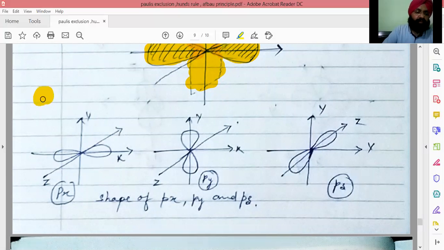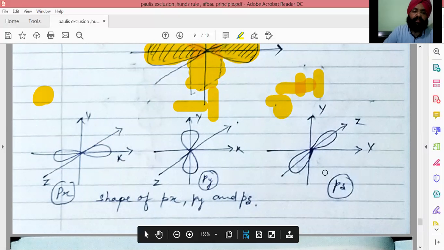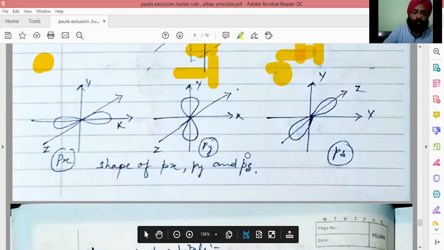This may be 0, this minus 1, this plus 1, or some other order. There is no relationship between px, py, pz and 0, minus 1, plus 1.